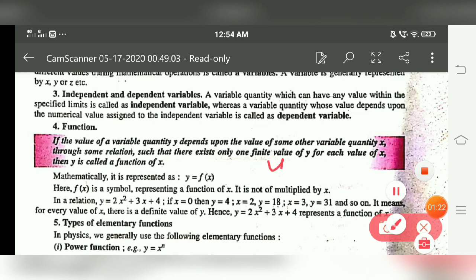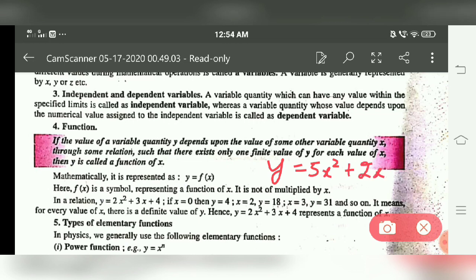Suppose y is equal to 5x square plus 2x. If x is equal to 0, then y is also equal to 0. Substitute the value: 5 into 0 square plus 2 into 0, it's going to be 0.